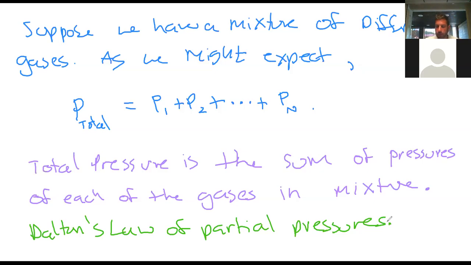So another way of thinking about this is through what we call the mole fraction. If you think about what a gas is, and you think about this mixture of gases where each gas comes to the party with its own number of moles, how does this affect the total number of moles once I have a mixture?